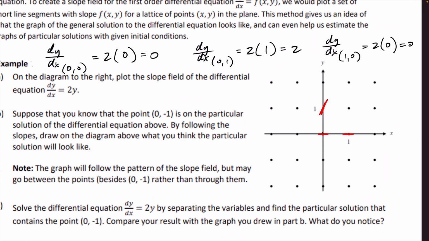Now save yourself some time so you don't have to do all the points. Where else would there be a 0 slope? Anywhere y equals 0, right? What's another name for where y equals 0? It's the x-axis. So all along the x-axis, I'm going to have 0 slopes.